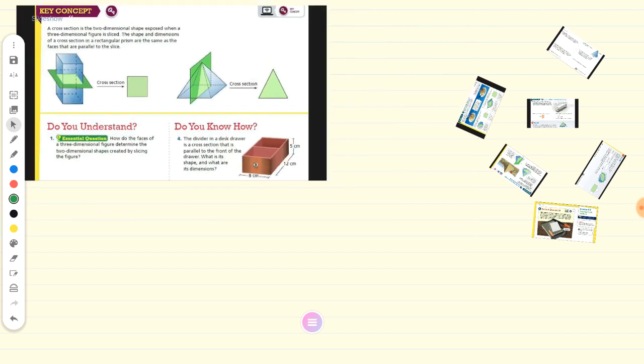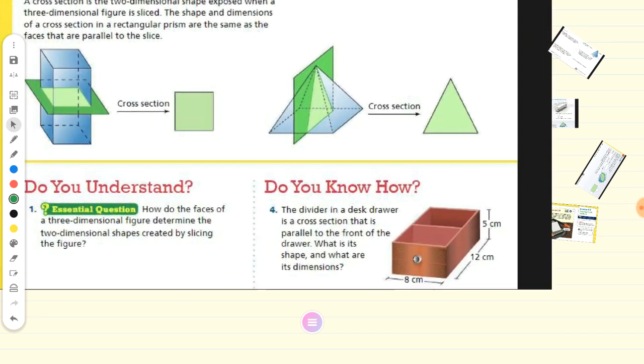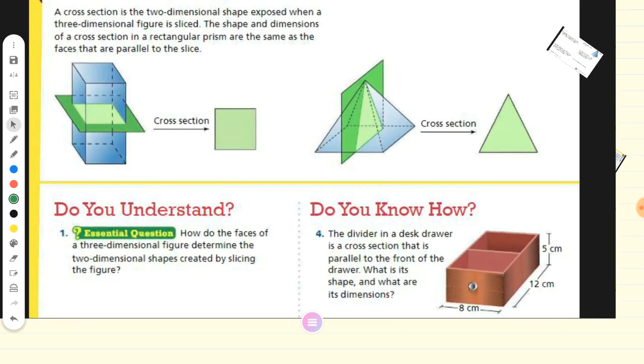If we start to move, as you see here, what is the cross-section if we take it horizontally from this three-dimensional shape? A cross-section is a two-dimensional shape exposed when a three-dimensional figure is sliced. So I have a three-dimensional shape like this one, and I slice it horizontally.